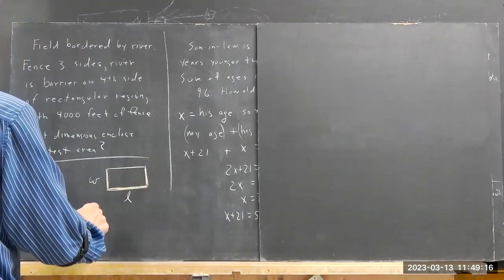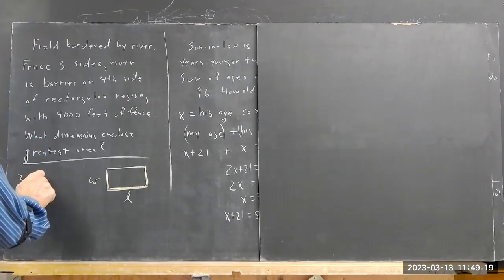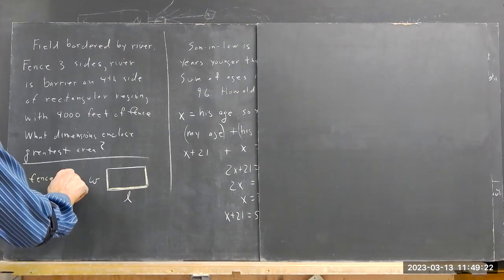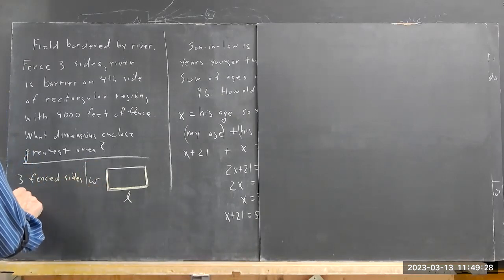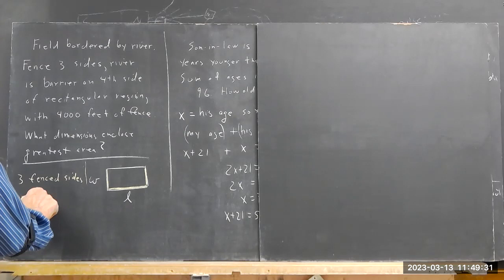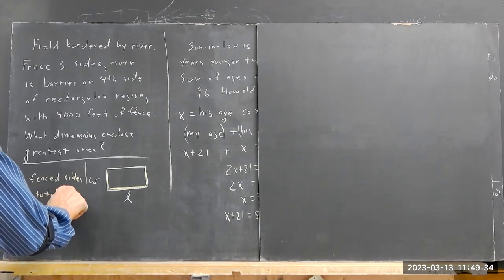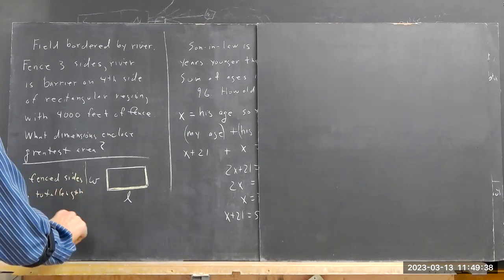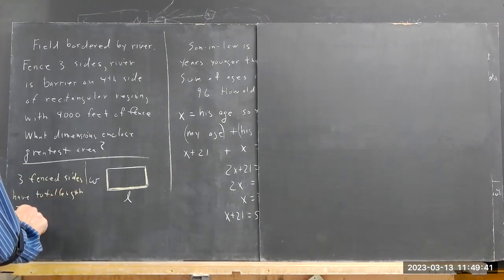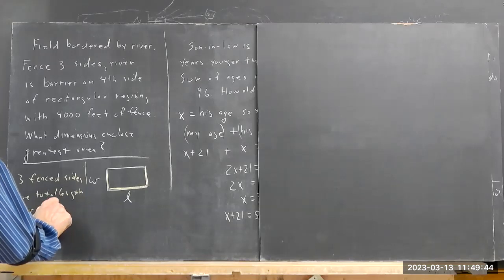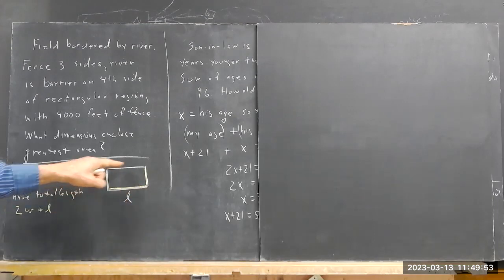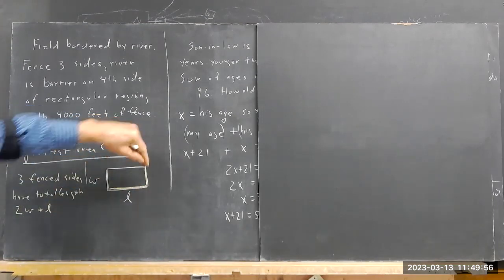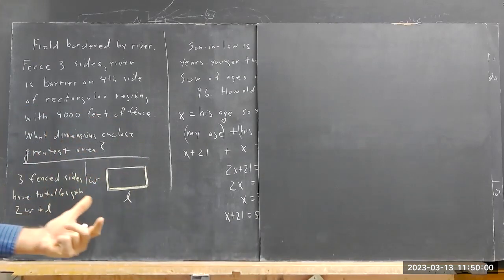So the three sides that get fenced, the total length is 2W plus L. Now we kind of have an implicit assumption that the longer side is going to border the river, but that might not be the case.